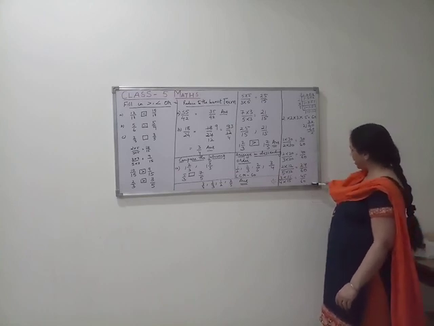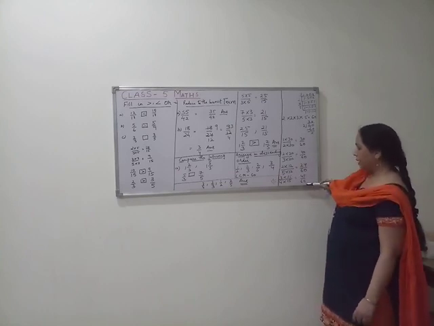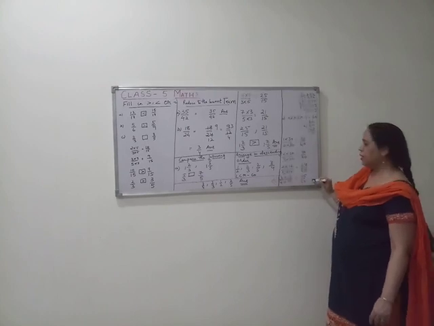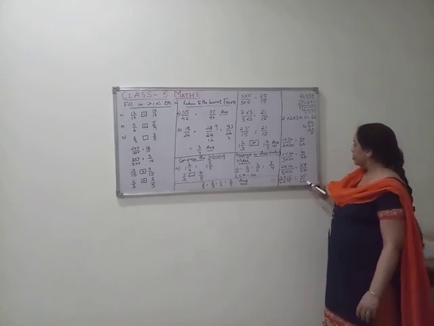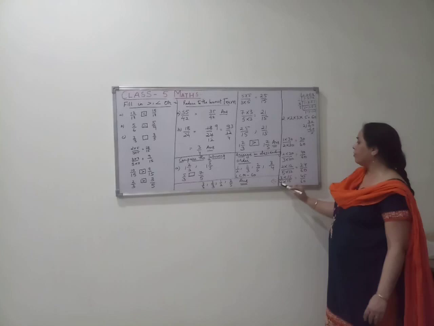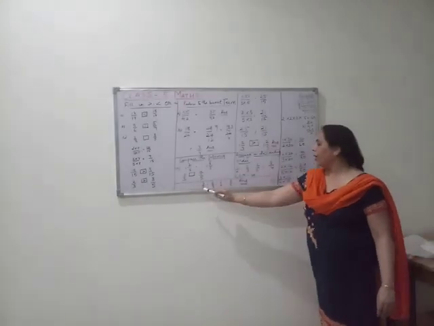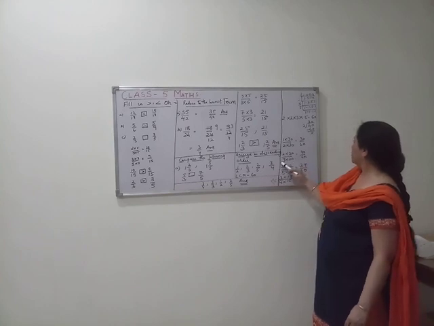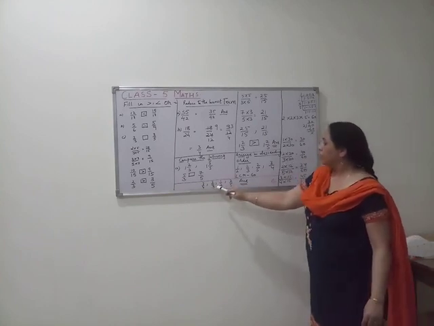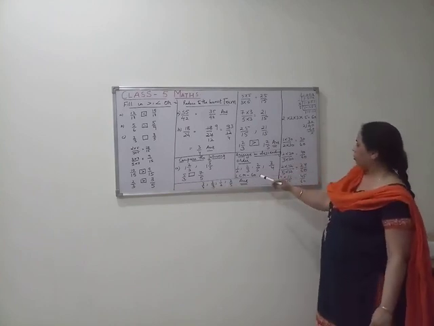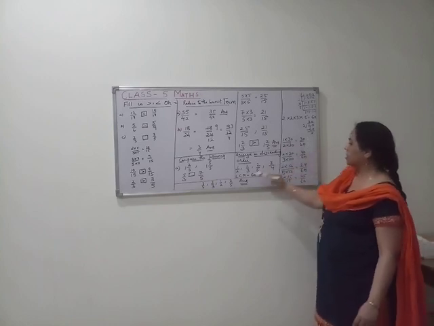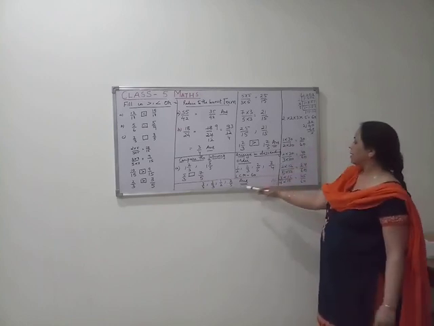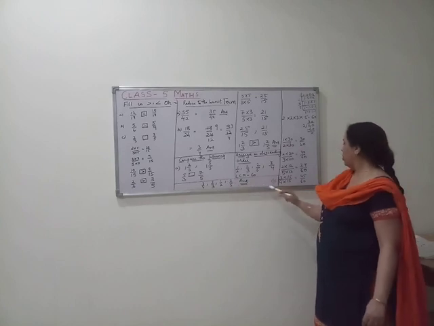Now we have got it like this. In descending order, we will first write the biggest fraction. So 45 upon 60, the 3 upon 4 fraction, is first. Then 2 upon 3, that is 40 upon 60, then 1 upon 2, that is 30 upon 60, and lastly we will write 2 upon 5.